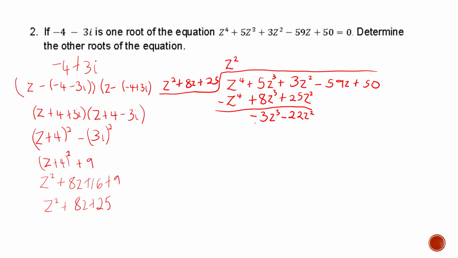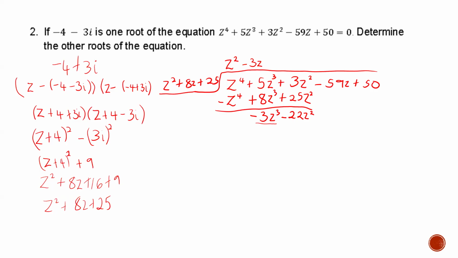So now we're going to get negative 3z cubed divided by this z squared here, which will give us negative 3z. I hope we're all at par so far. Yes, I hope we're all at par.